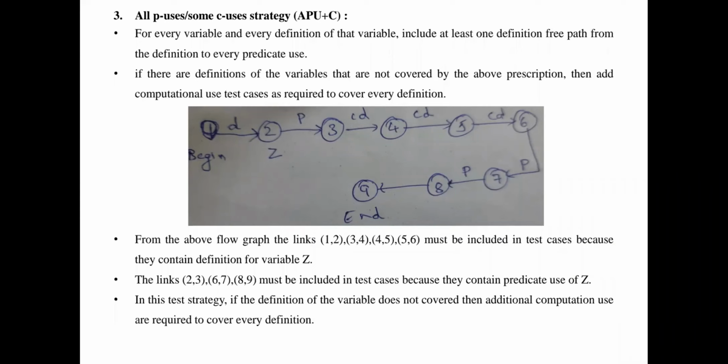Then we add additional links, using only computation links. So if only predicates are there and it is not reaching the definition of that variable, then you add some computational links to link the definition. That is called the all P users, some C user strategies.